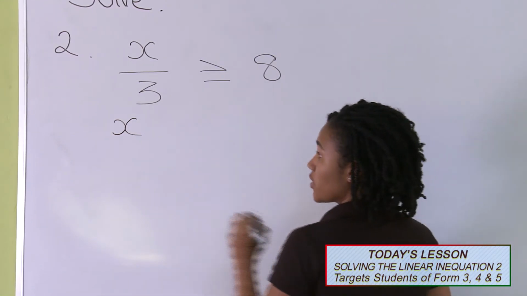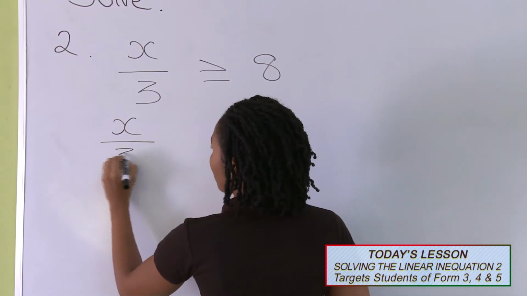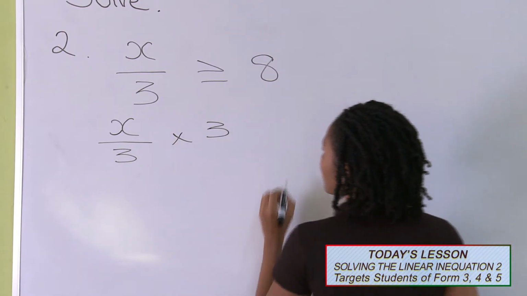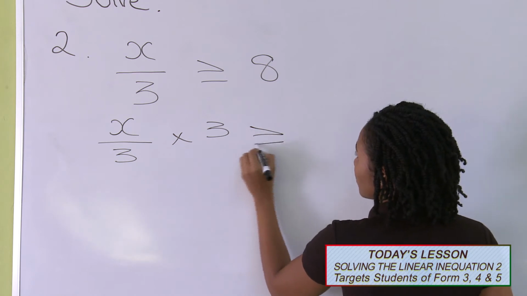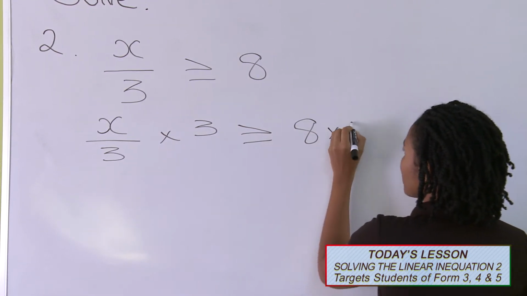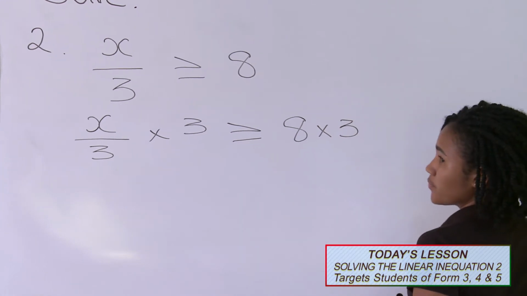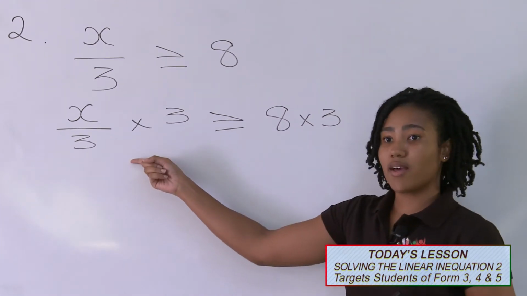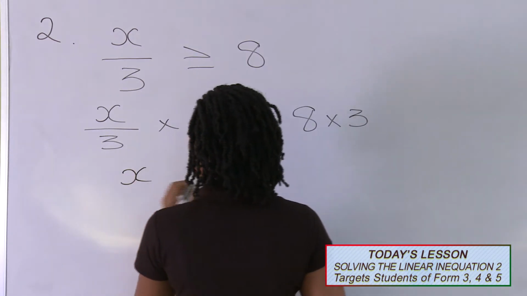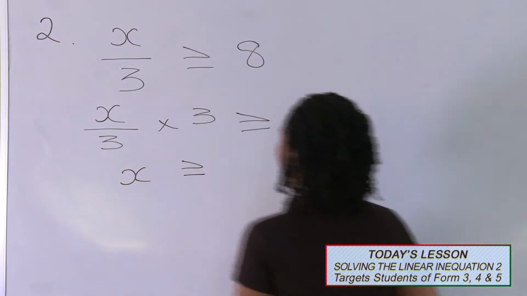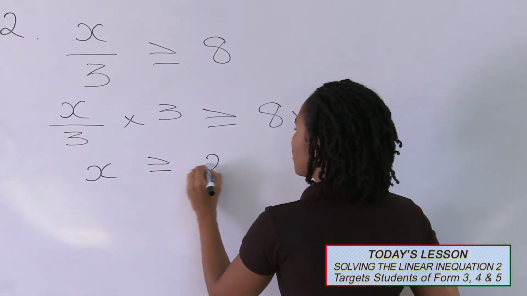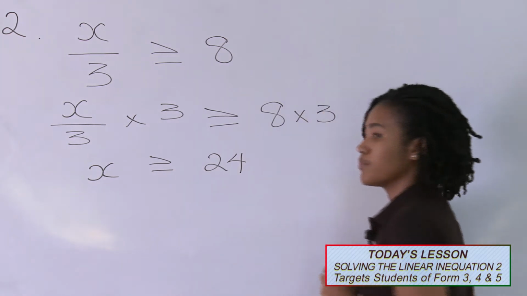So when we multiply both sides by 3, we have x over 3 times 3 is greater than or equal to 8 times 3. When we simplify this, we're going to get x is greater than or equal to 8 times 3, which is 24.